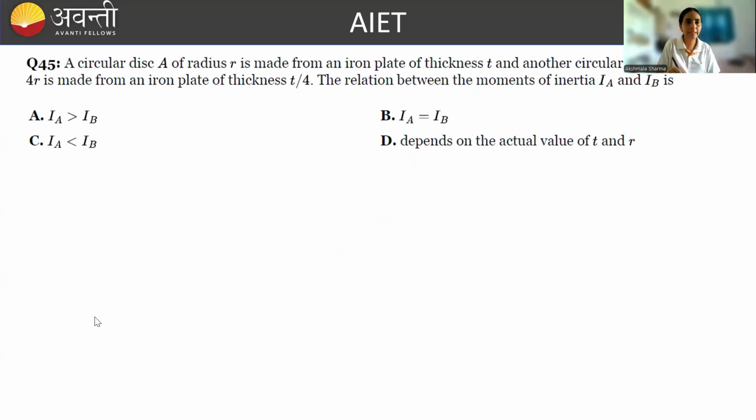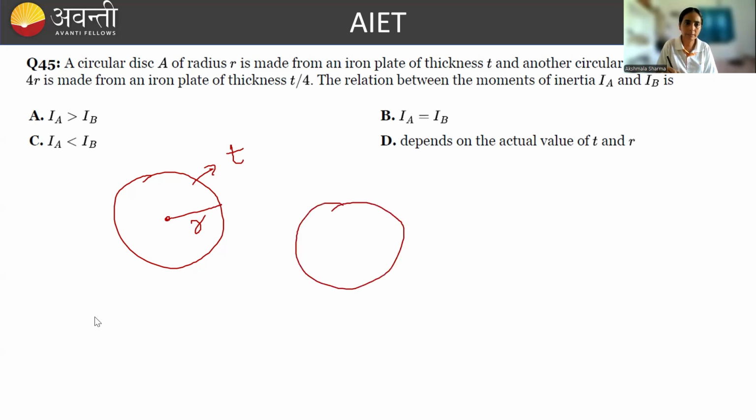Now, a circular disc A of radius R is made from an iron plate of thickness T. Its thickness is T. And another disc B has radius 4R and its thickness is T by 4.